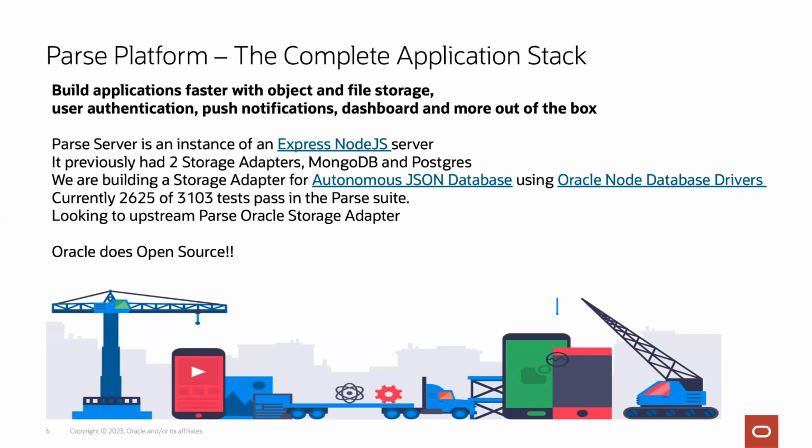Another thing we liked about it was there was a comprehensive unit test suite, which made doing this work easier. And we're currently in talks with the Parse Platform team to upstream our code.